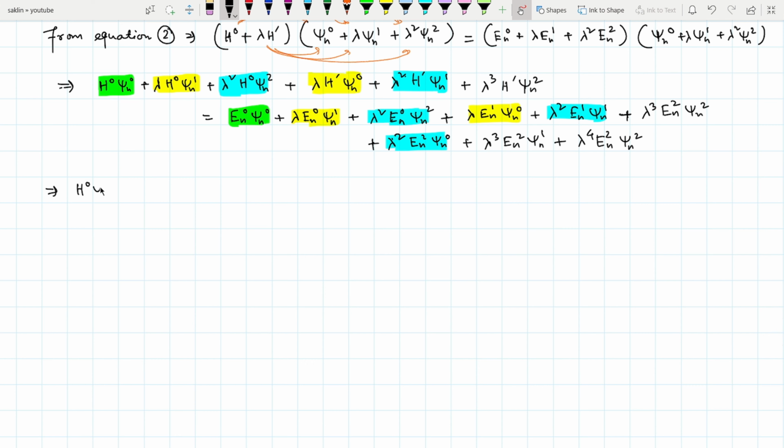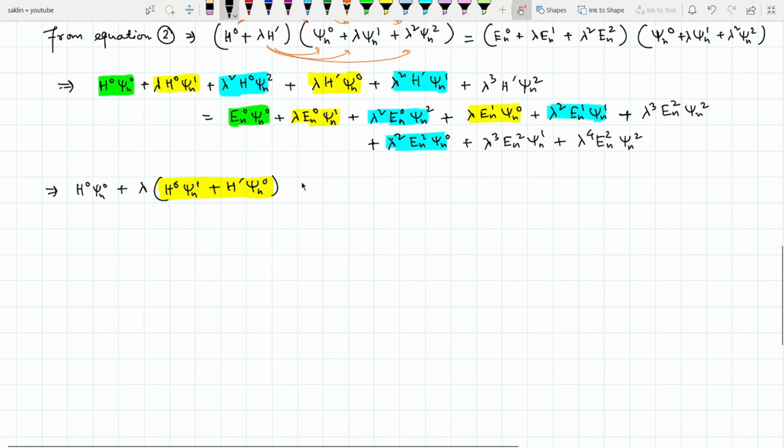So H0 psi n0 remains the same, and from the yellow color we will take lambda common, then it will be this. I am using colors so that it will be very convenient for you.